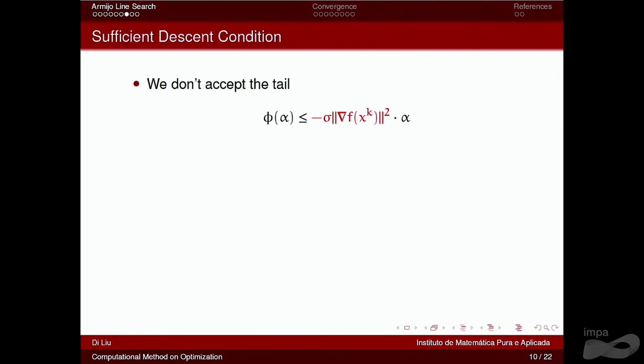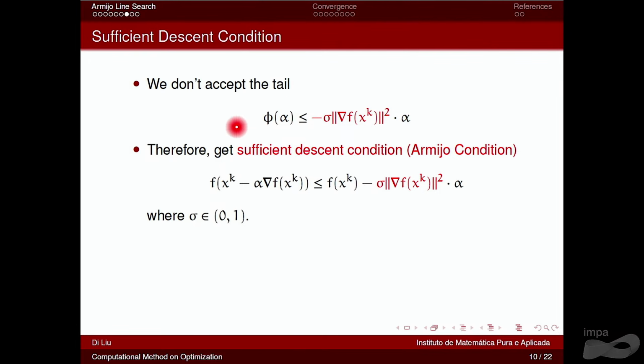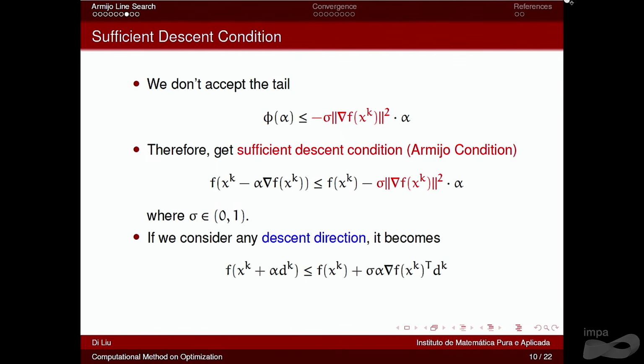So we have this inequality, and then we substitute this phi alpha by the definition in the last slide. Then we have this one, where the sigma is between 0 and 1. This is what we call the sufficient descent condition or Armijo condition. Of course, you can also use any descent direction.